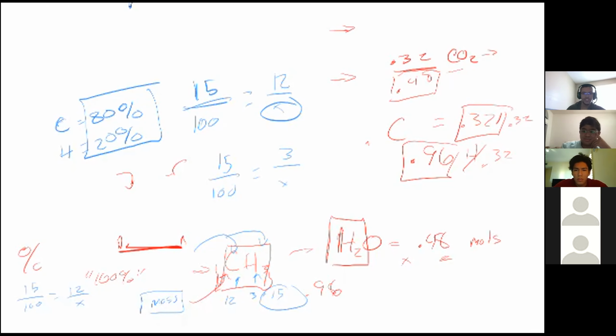Is there anyone that's confused as to why he did it the way he did? Okay, well, let's look at the study questions. I was going to say earlier, for the hydrogen, since it's still a 1-to-1, the amount of hydrogens on both sides of the equation, you didn't need to multiply by 2.